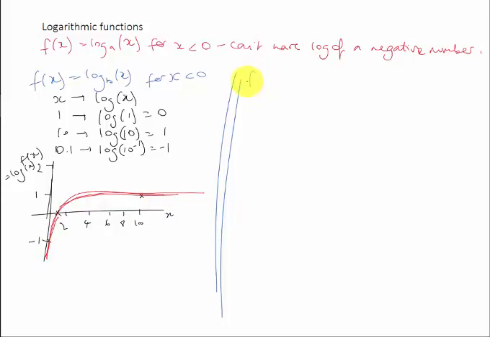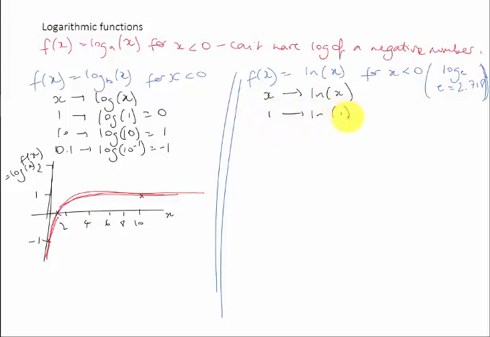Now let's compare that with the function of the natural log of x, for x greater than 0. Remember that ln is log in base e, and e is 2.718. So here x and natural log of x: 1 gives us the natural log of 1, which is 0, quite similar to what we were just looking at. e gives us the natural log of e, which is 1.